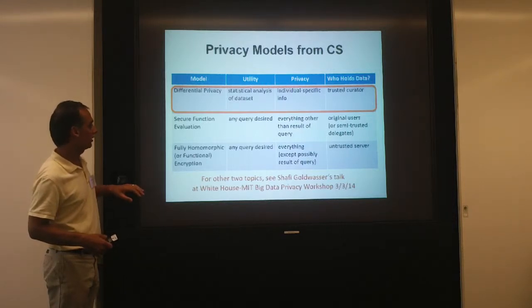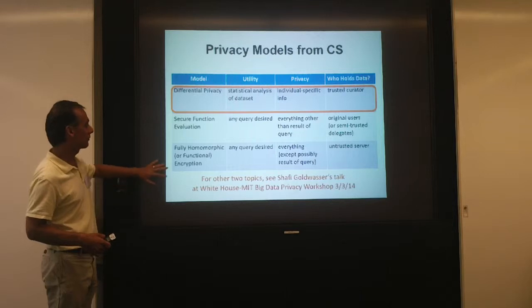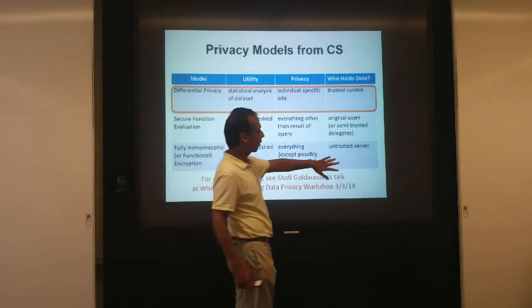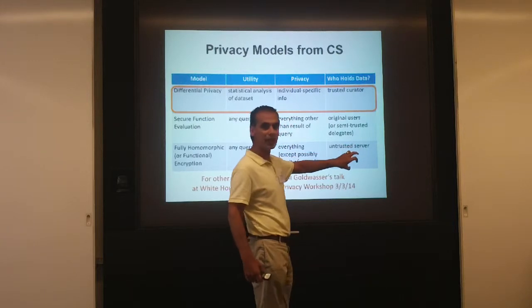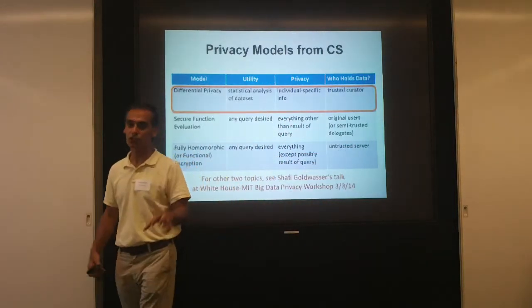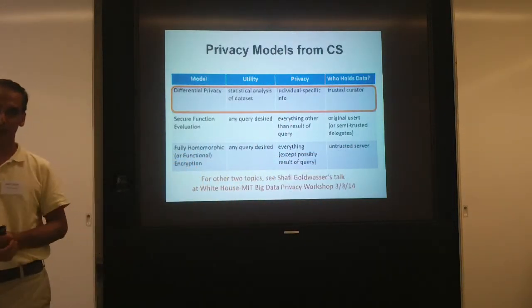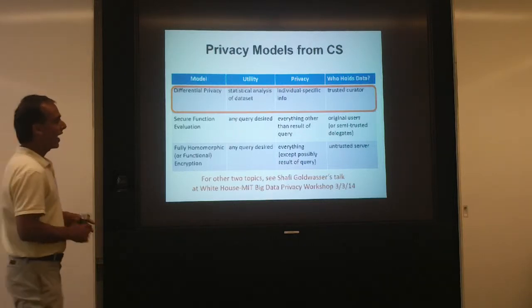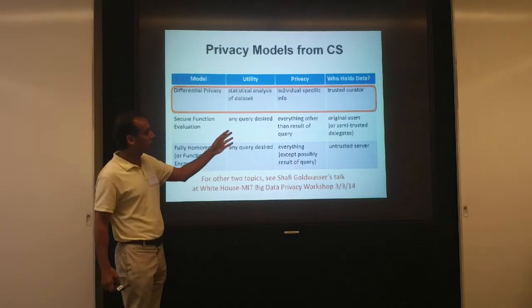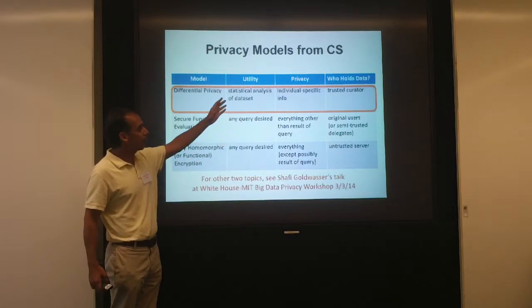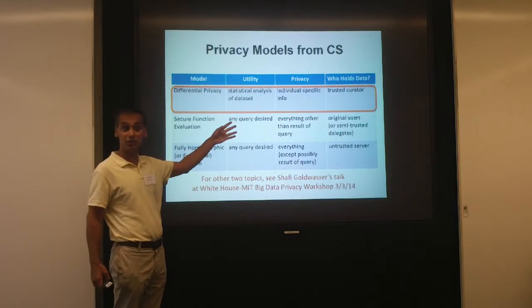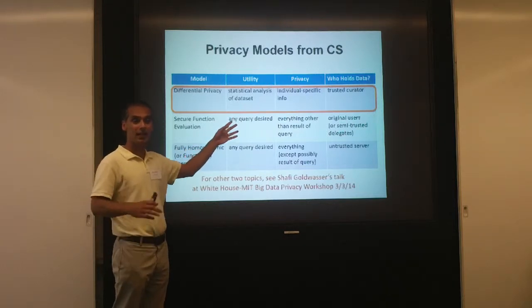Another one is some variants on encryption, where you imagine one body is holding all the data, but it's holding it in encrypted form. So you don't need to trust this data holder, the server that's holding the data. Okay? And then what are the kind of utility they support? These things are more general in terms of utility than differential privacy, in that, in some sense, you can say, I want to support any kind of query.